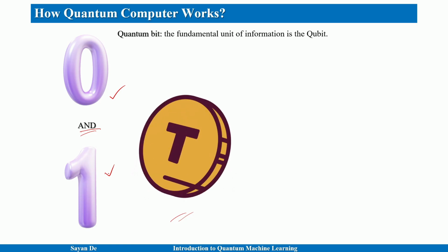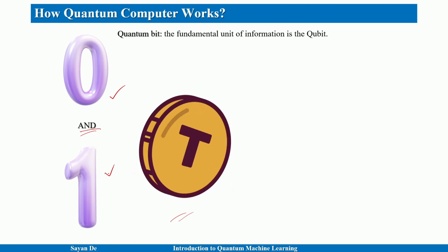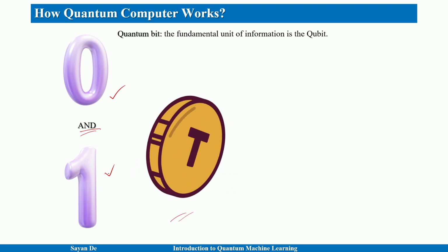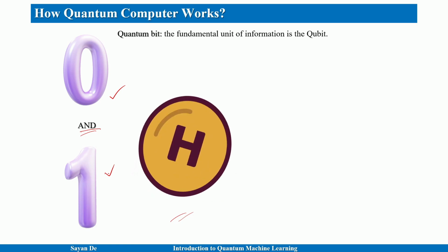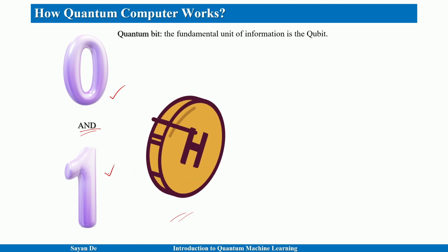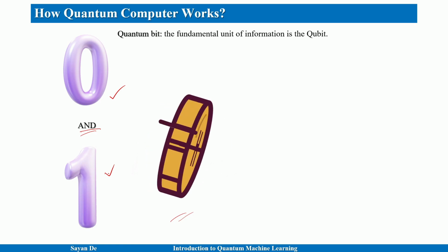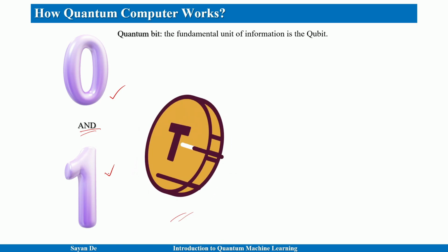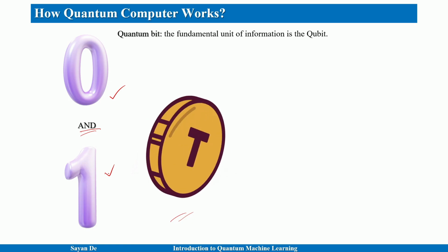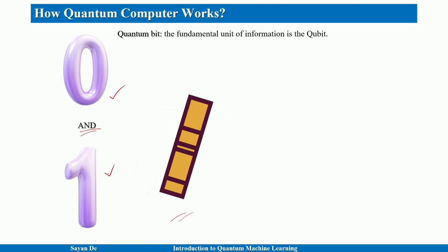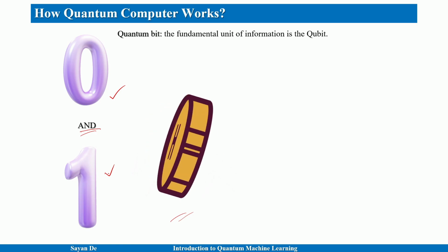But in the mid-air, it is head and tail. I hope you are getting my point. So when the coin is spinning, or technically when the information is processing, it is both head and tail. But when you observe the coin on the ground, then it will be either head or tail, right?